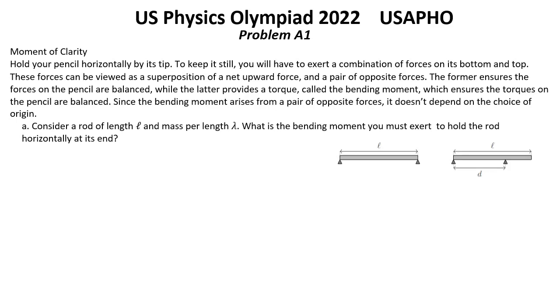The weight is lambda gL applied uniformly along the rod, so the torque due to gravity is lambda gL squared over 2. This can only be balanced by the bending moment, so it is lambda gL squared over 2, and this is the solution for question A.